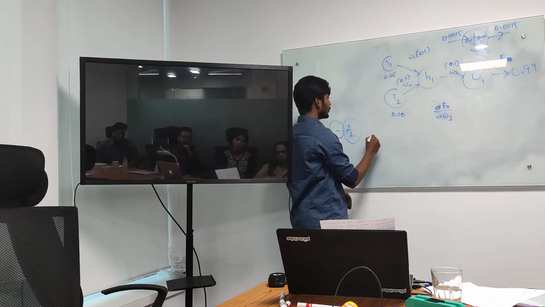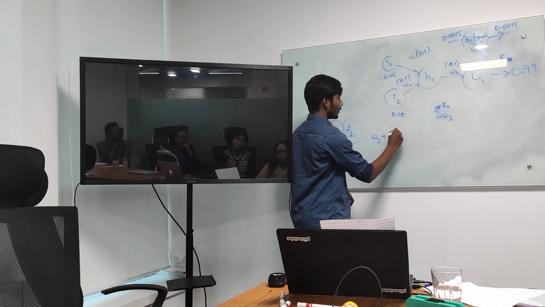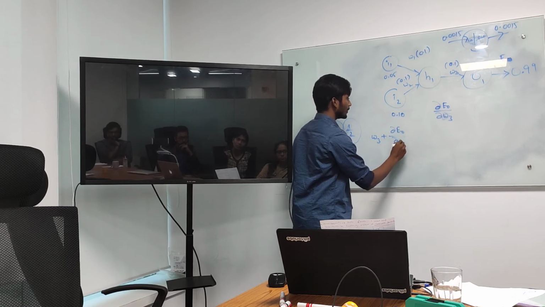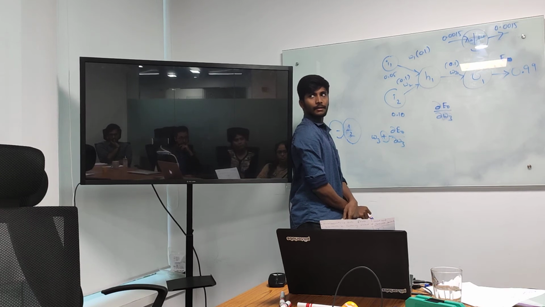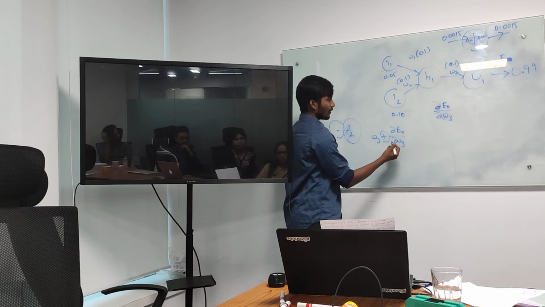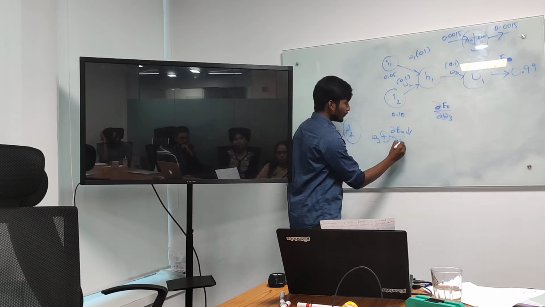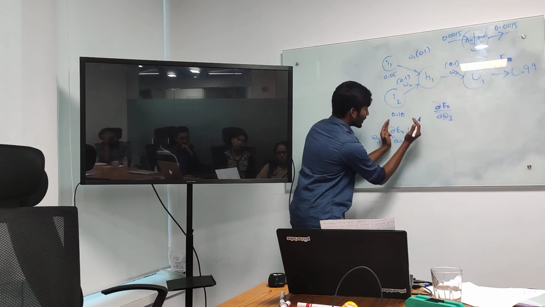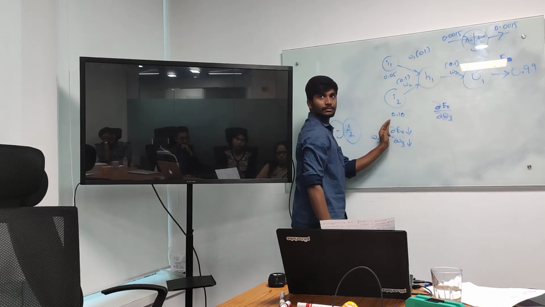So next I will do a W3 update of W3 plus dou E naught by dou W3. Why this plus here? Someone think about it? That's a change. Because if you see, you want E naught to go down. So if the sign of this whole thing is positive, if W3 is decreased, dou E naught will also decrease.